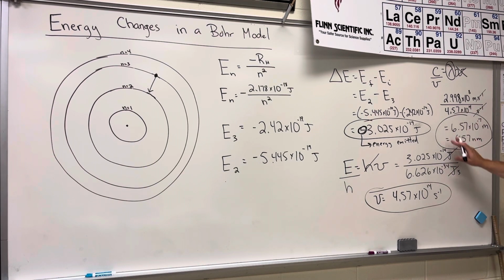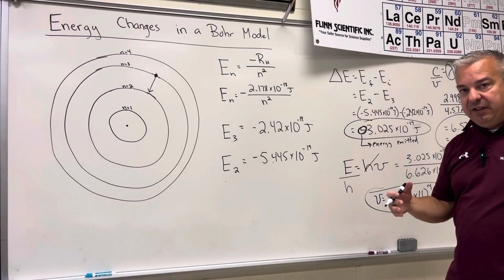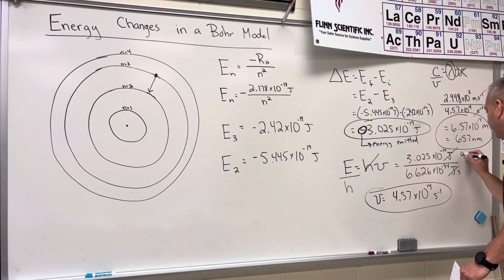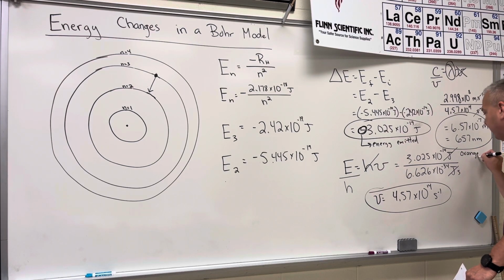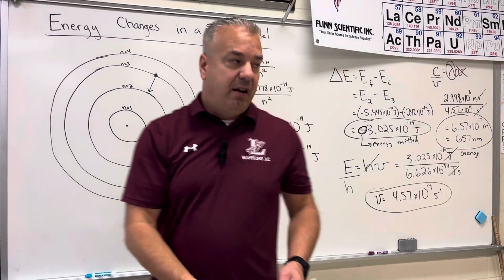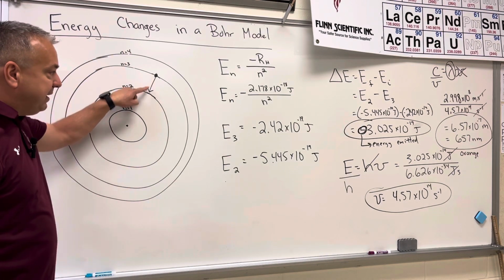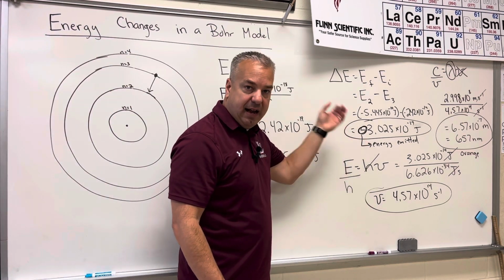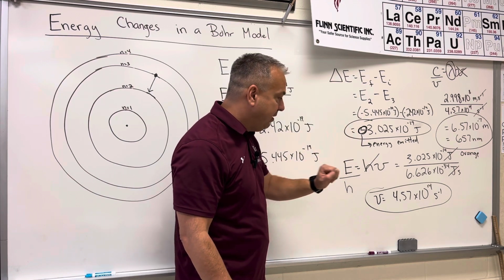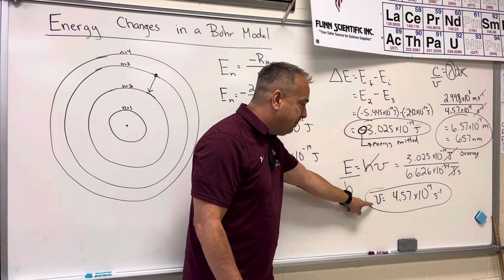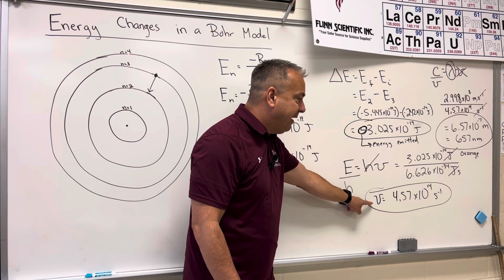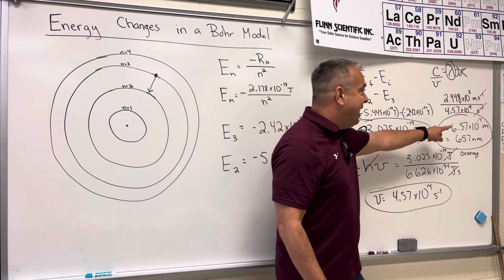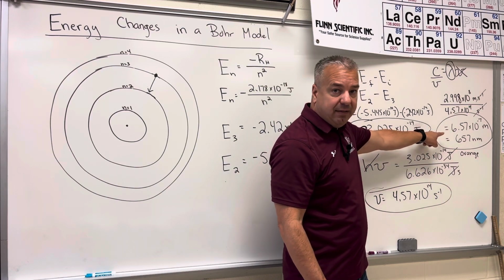And just to let you know, that falls into the visible spectrum of the electromagnetic spectrum, and that's going to be orange light. So we would get an orange band from this electron that's jumping from 3 to 2 because it has this specific energy as an energy packet of its photon, and that energy has a corresponding frequency of 4.57 times 10 to the 14th per second, and that frequency then has a corresponding wavelength, okay?